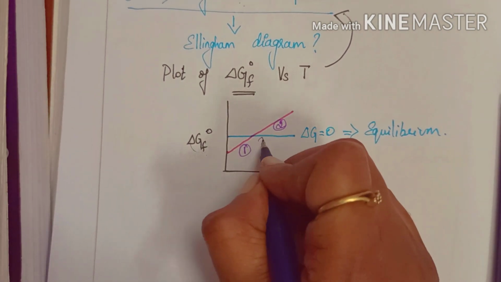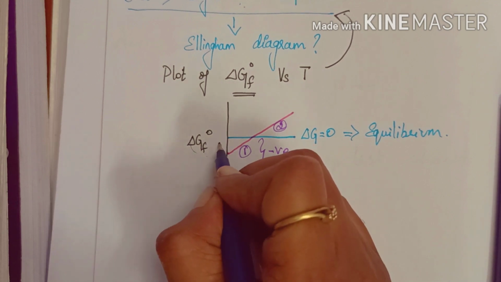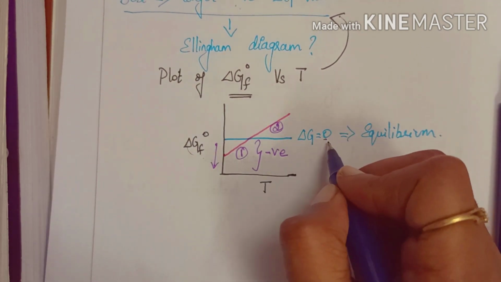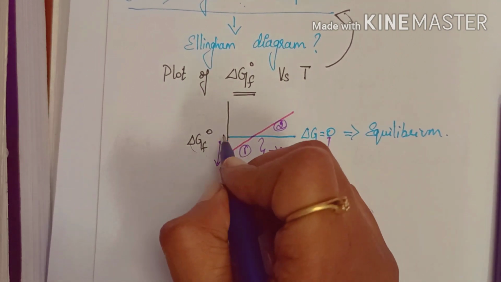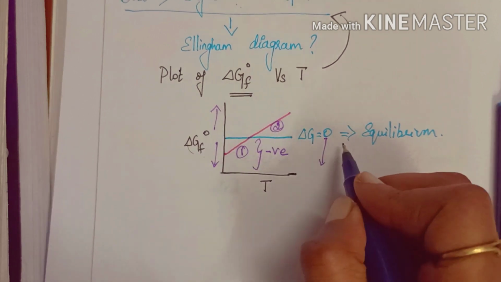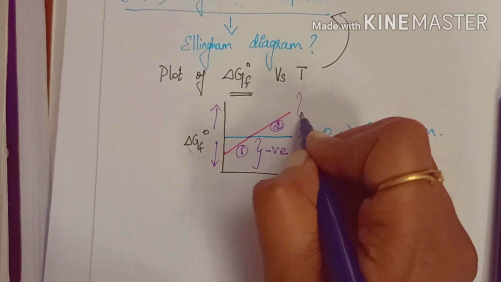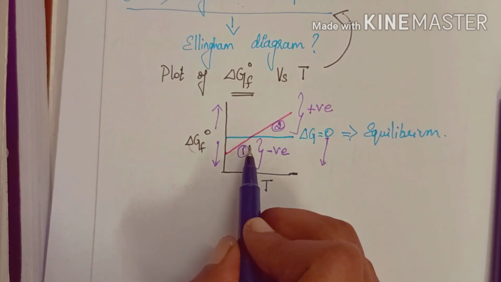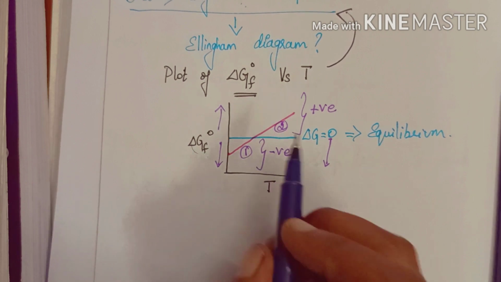So this part is negative since delta G F naught decreases, and here delta G value is 0, so if it goes on decreasing, then the value will be negative. And here delta G F naught increases, so if it gets increased, then in this part the value will be positive. Hence I divided this line into two parts, part 1 and 2.